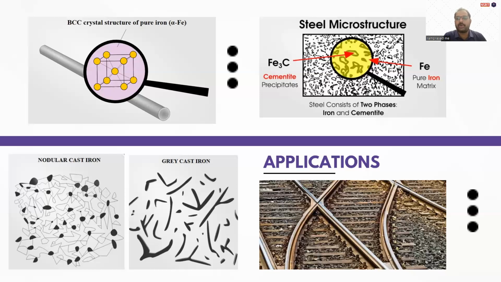And depending upon the composition of the carbon, the cast irons are again classified as nodular cast iron, gray cast iron, white cast iron, depending upon grain size and particle shape. The best example for steel and cast irons is railway tracks.